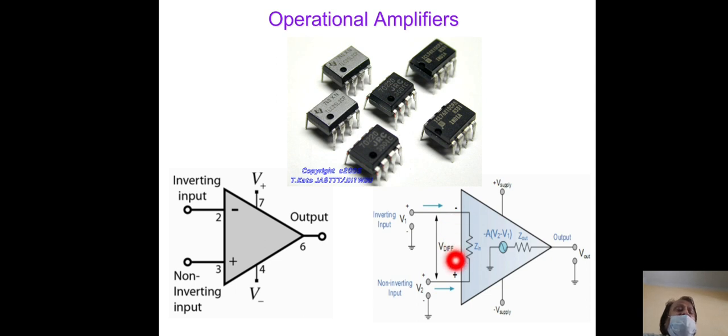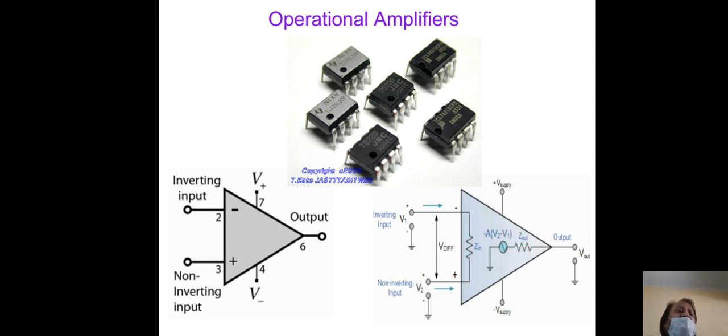You already know from feedback amplifiers that when you connect resistance in parallel, the impedance is high, and when you connect resistance in series, the impedance is low. So these connections are very important for the operational amplifier equivalent circuit.